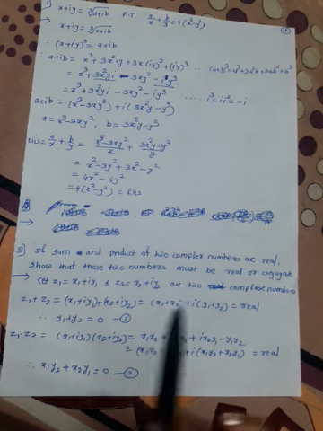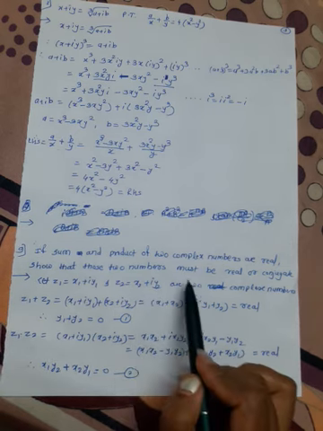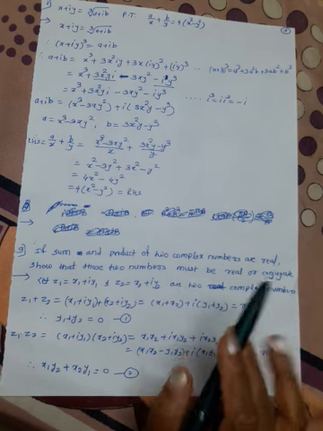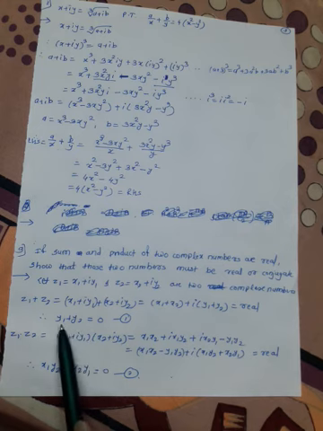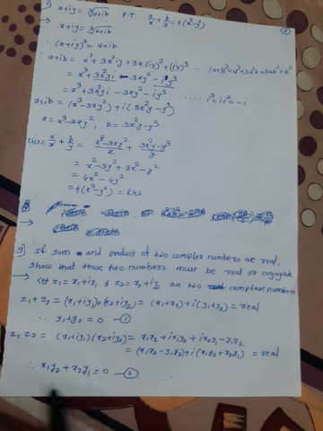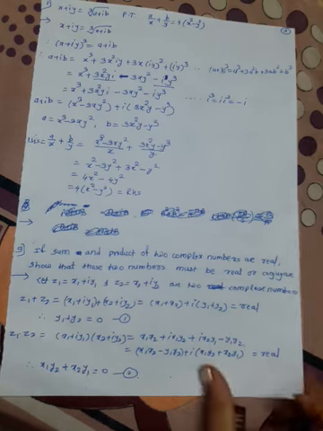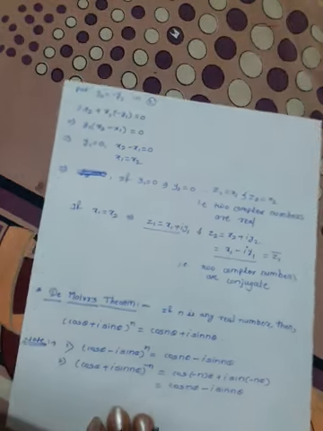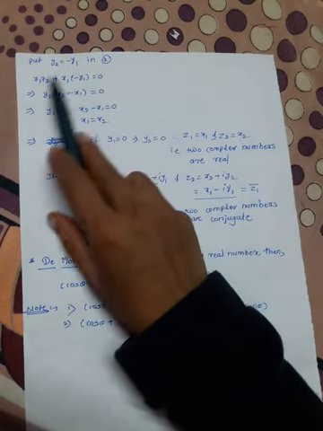Now what we have to show is that these two numbers z1 and z2 must be real or conjugate. From these two equations we have to solve something. Take y2 is equal to minus y1 and put this value in the second equation.